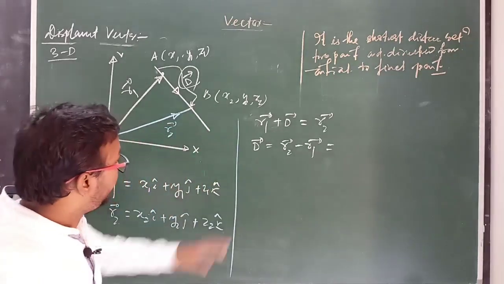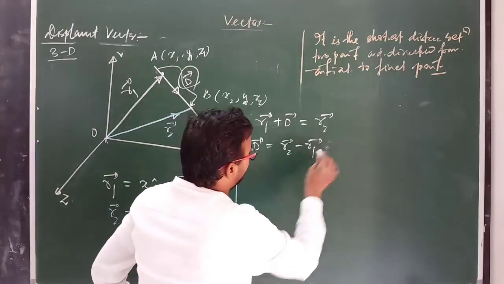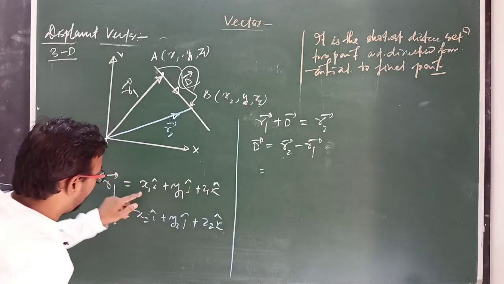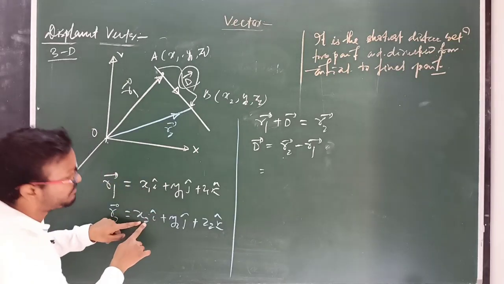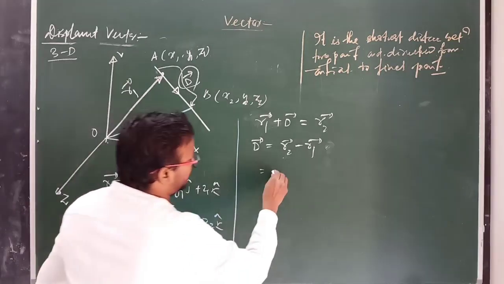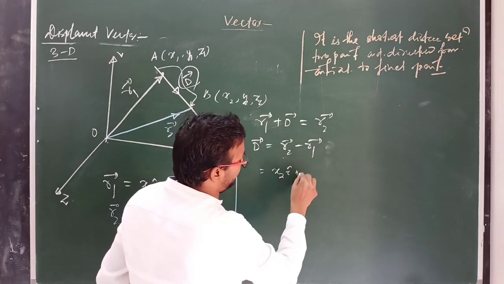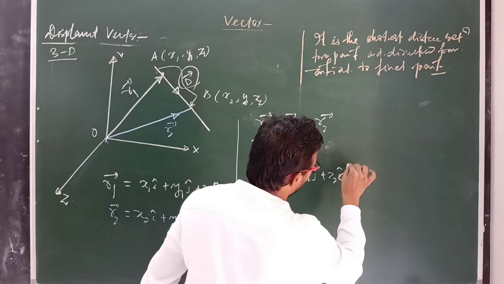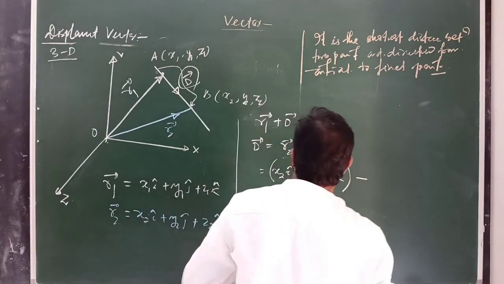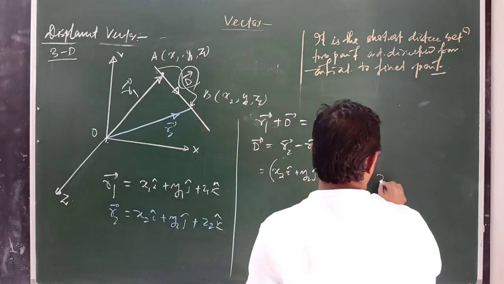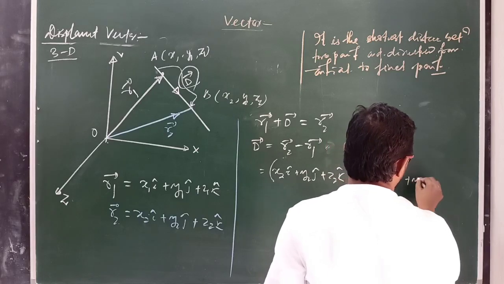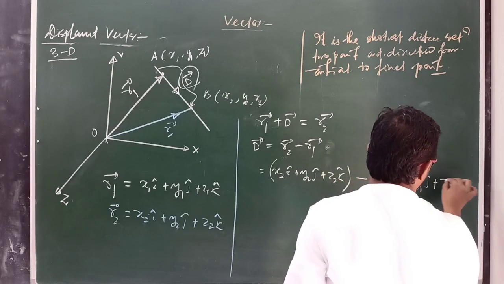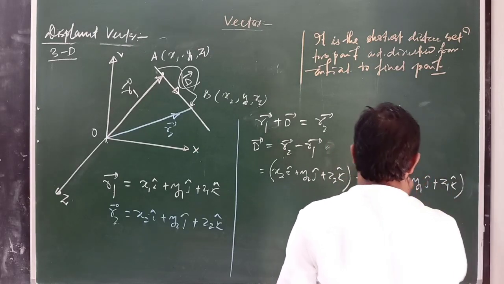Now use all the values. r2 is x2 i cap plus y2 j cap plus z2 k cap, minus r1, which is x1 i cap plus y1 j cap plus z1 k cap.